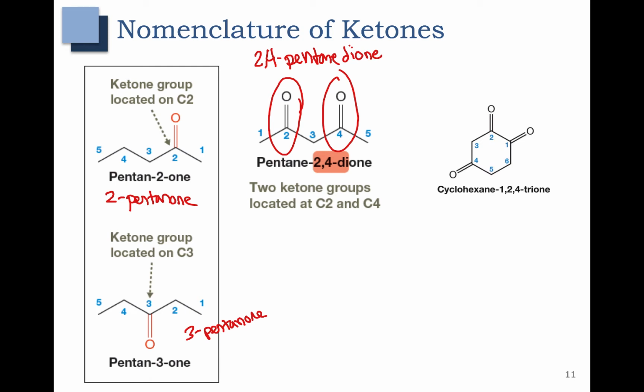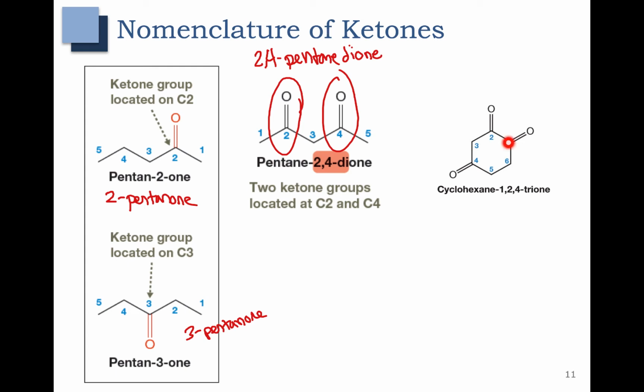Here's our next example. This is a trione because we have 1, 2, 3 ketones. It's also a cyclohexane. Remember, we have to have that E there because we're using a di or a tri, and the same is true for tetra and so on. We want to make sure that we're numbering to give lowest possible numbers.